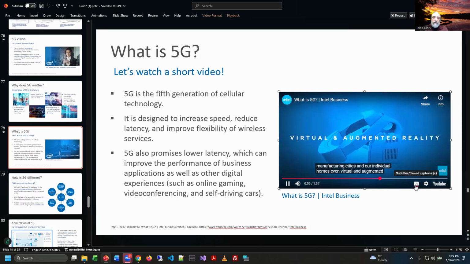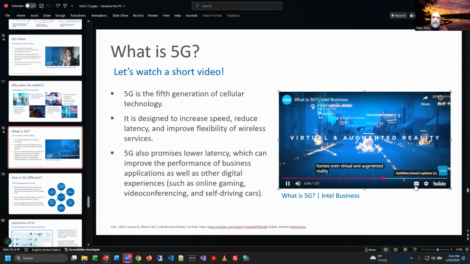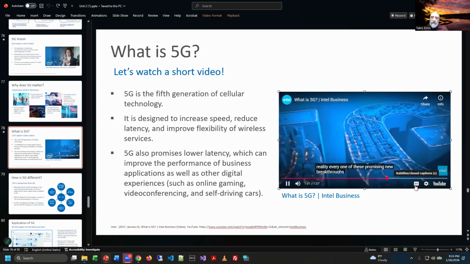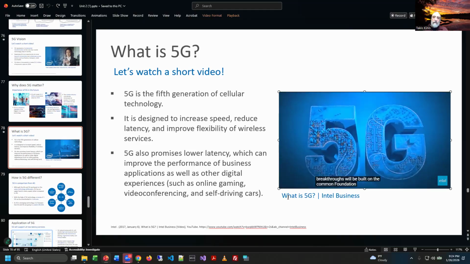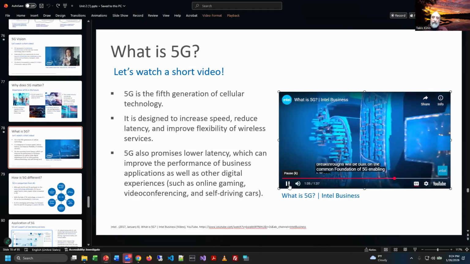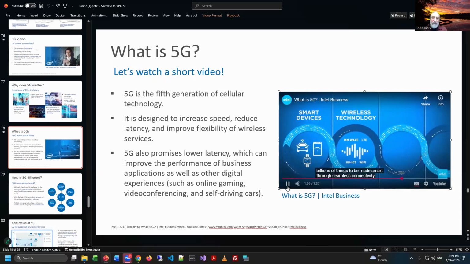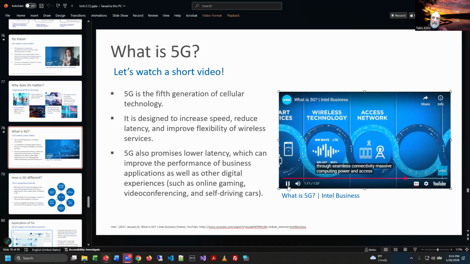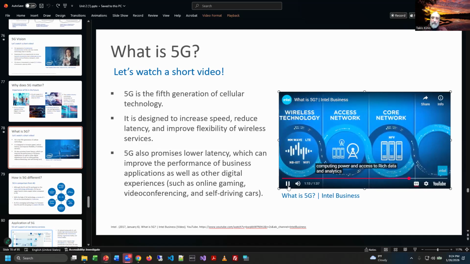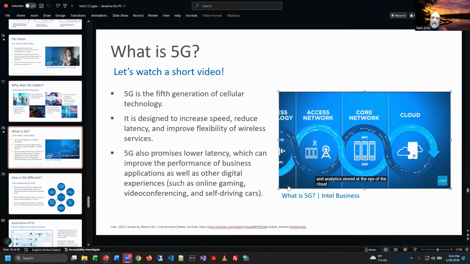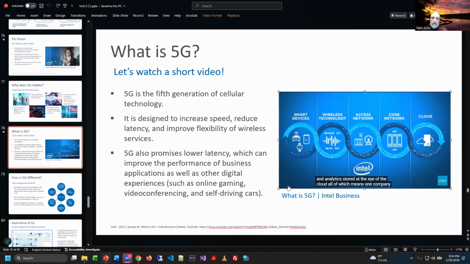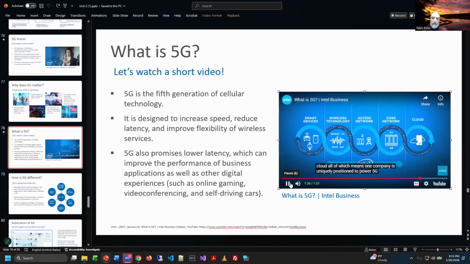Even virtual and augmented reality. Every one of these promising new breakthroughs will be built on the common foundation of 5G, enabling billions of things to be made smart through seamless connectivity, massive computing power, and access to rich data and analytics stored at the edge of the cloud. All of which means one company is uniquely positioned to power 5G.